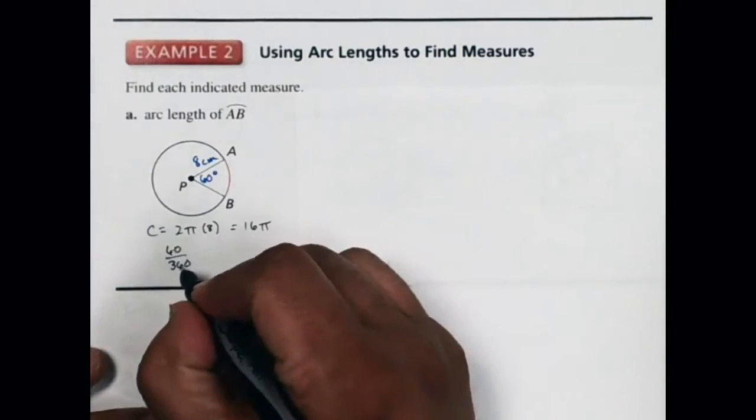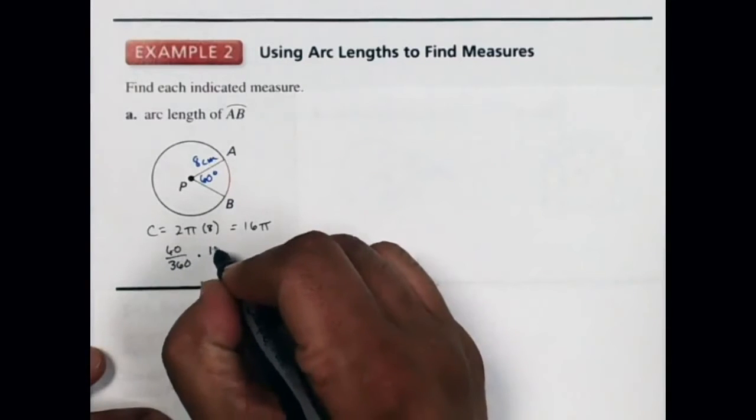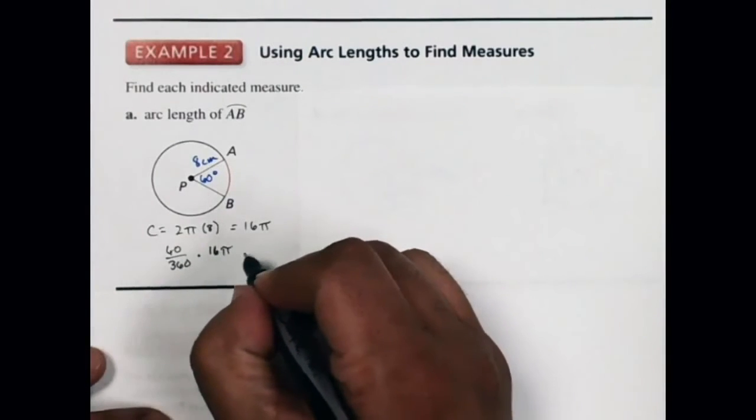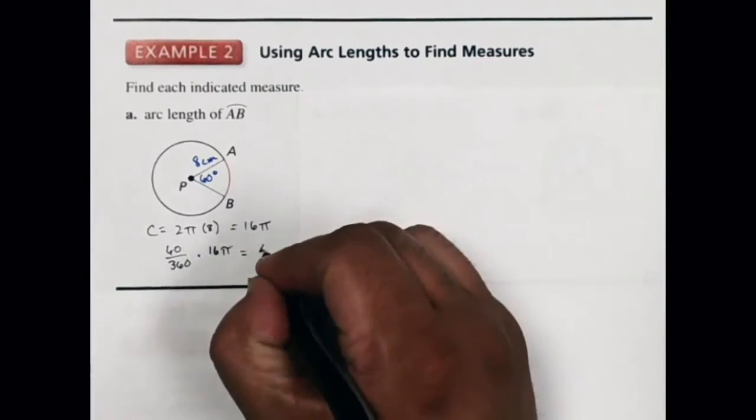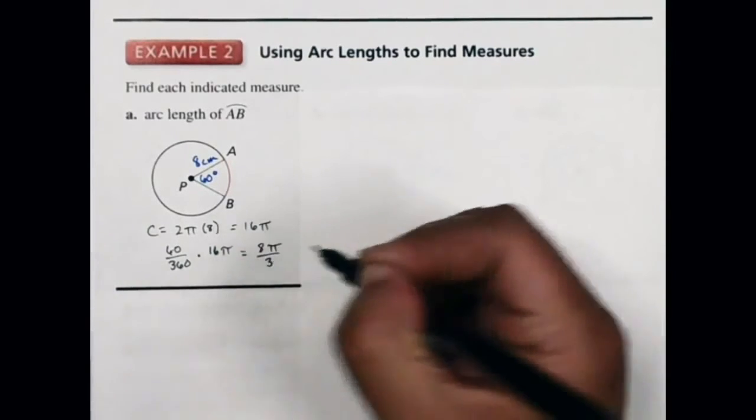So it's 60 over 360 times 16 pi. If I simplify that, it becomes 8 pi over 3.